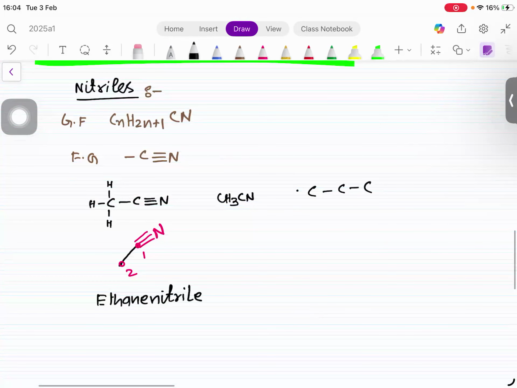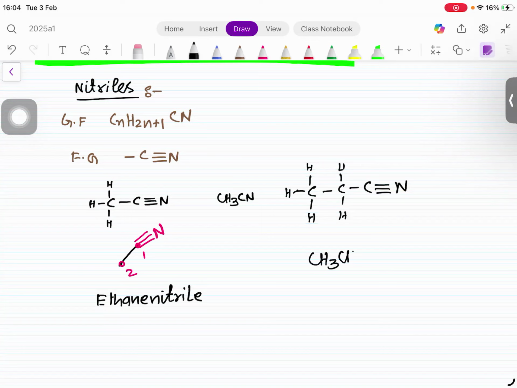Similarly, there are three carbons with this. This is what? Propane nitrile. When you name, you always count the total carbons. How many total carbons? Three. So it is propane.